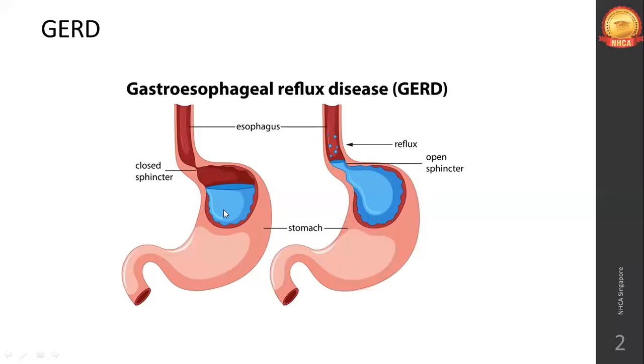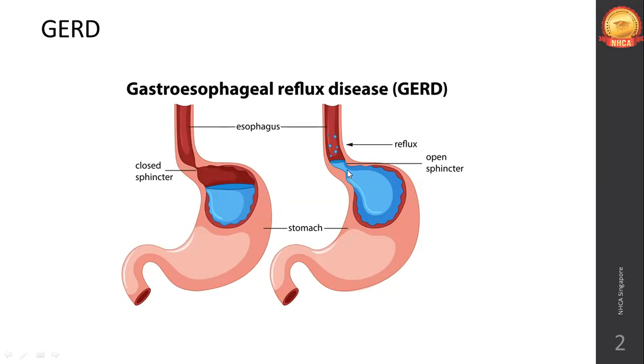When the stomach contracts and relaxes, that is the process in which the stomach churns your food, mixing it with the gastric juices and hydrochloric acid. At that point, this sphincter has to be closed, otherwise the contents may slip back into the esophagus. So this is what happens in a normal stomach.